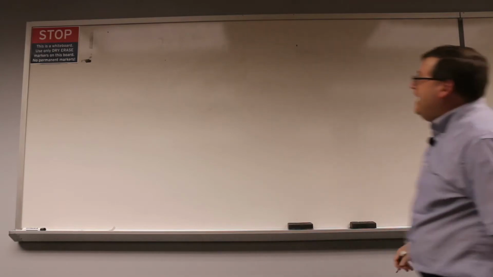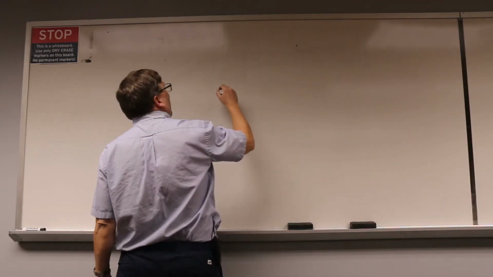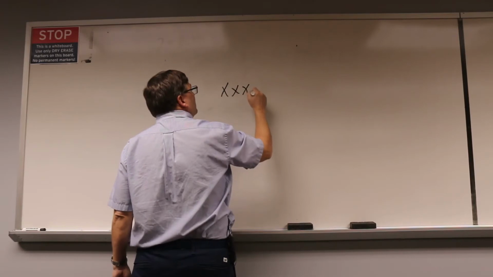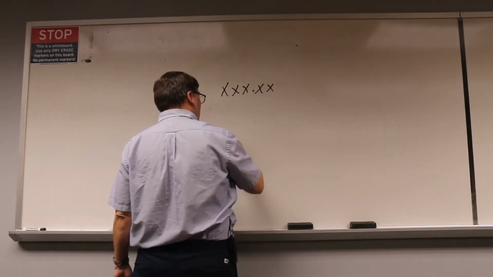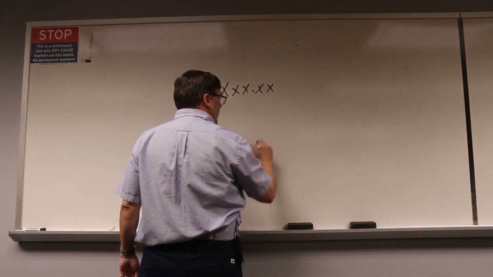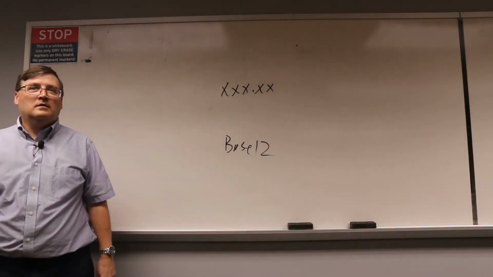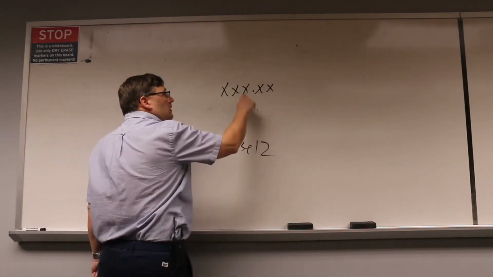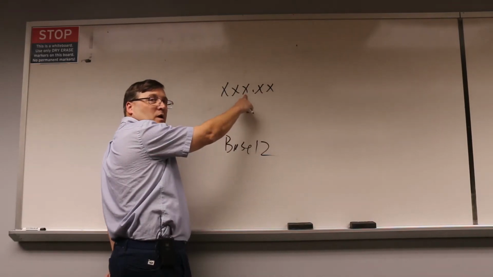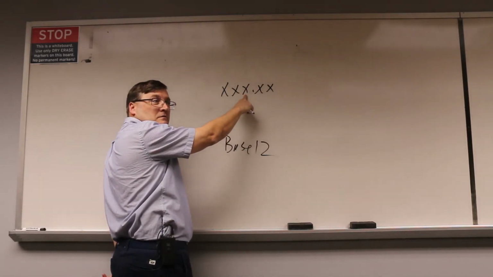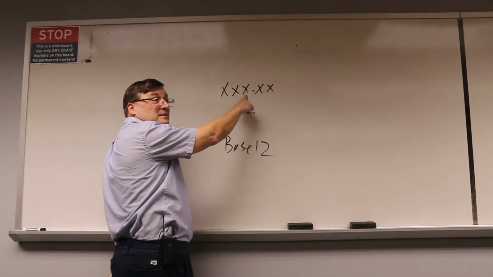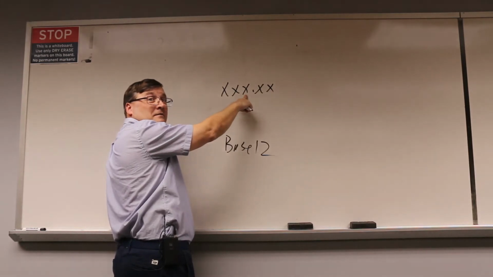When we were doing bases, if I had x, x, x, point x, x, and I said this was base 12, this is 12 to the what? In a regular base, 12 to the 0, right?